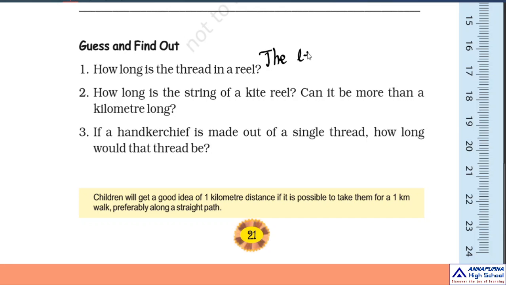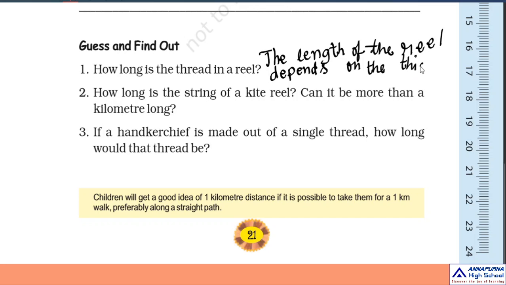The length of the reel depends on the thickness. If the thread is thicker, it depends, maybe it may be 50 meters, 100 meters and extra.